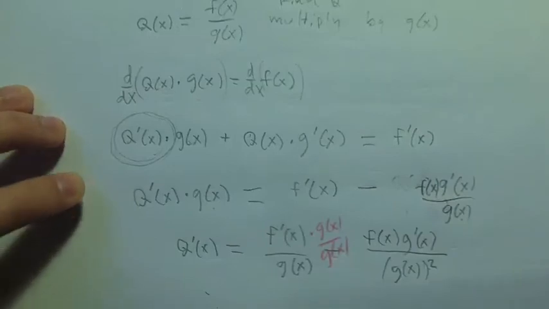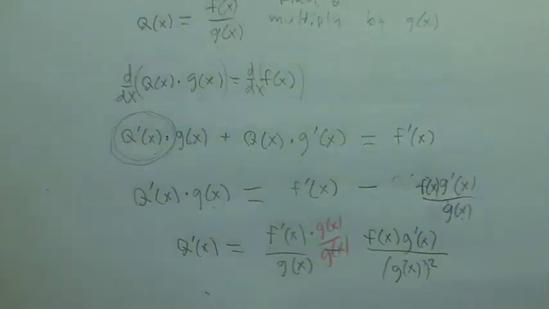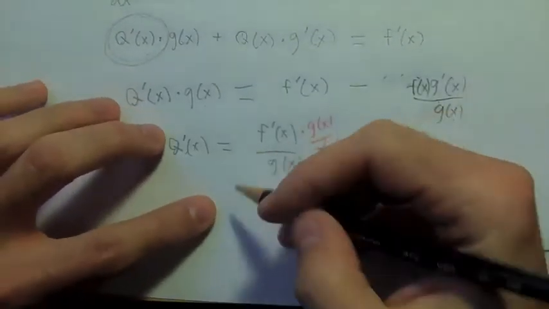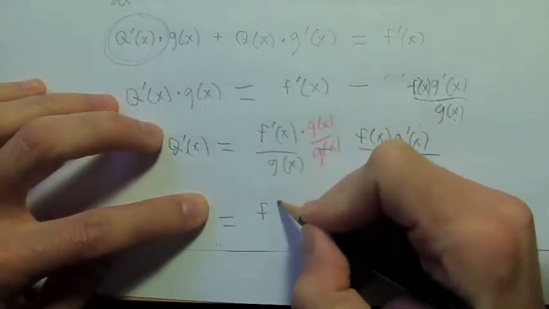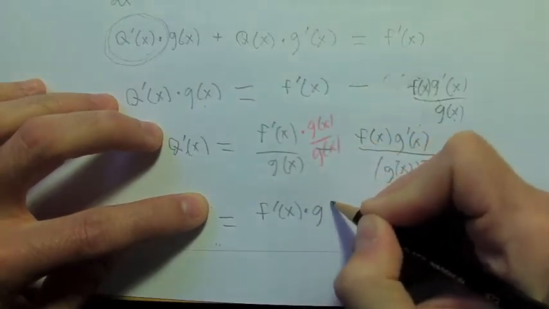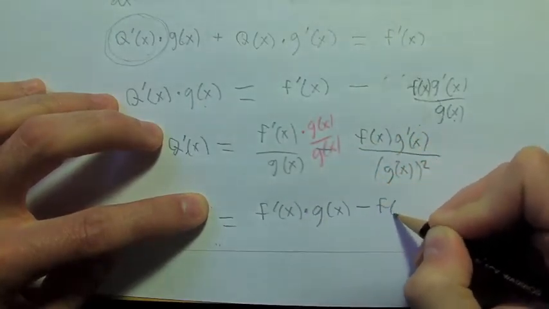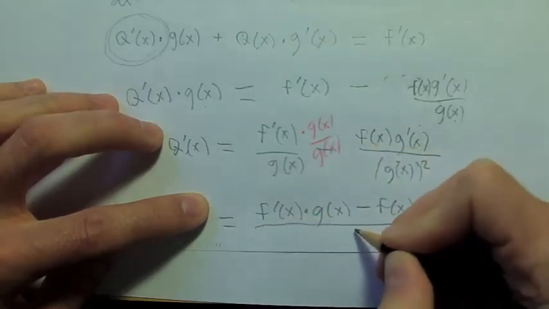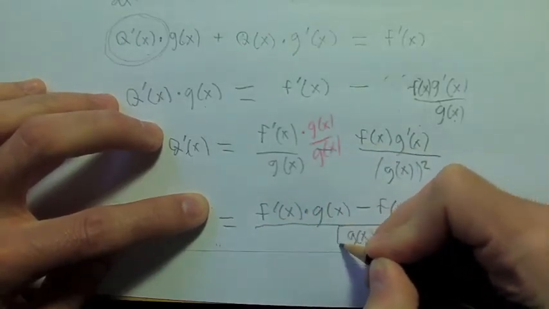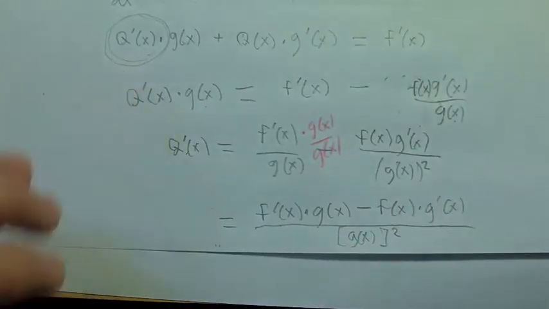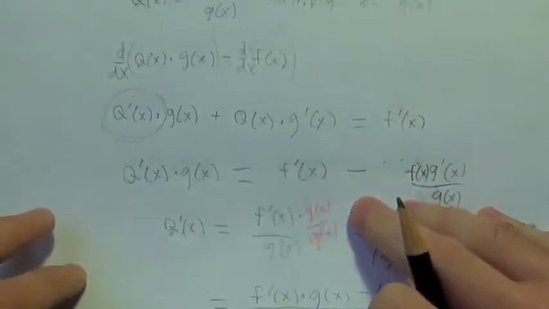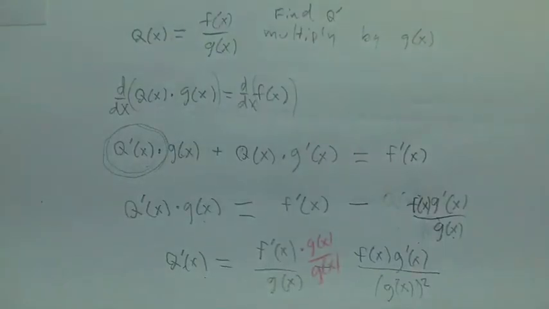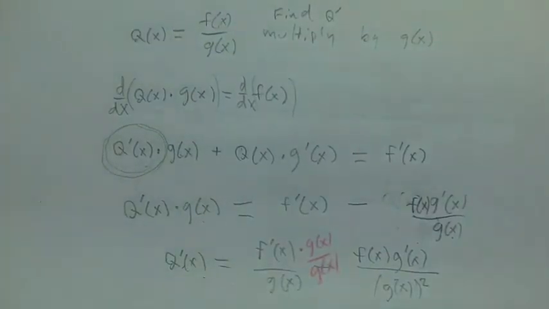Which gives me, finally, once I simplify this, that q prime is equal to f prime of x times g of x minus f of x times g prime of x, all over g of x squared. So this is an explanation of where the quotient rule came from. It's essentially a version of the product rule.